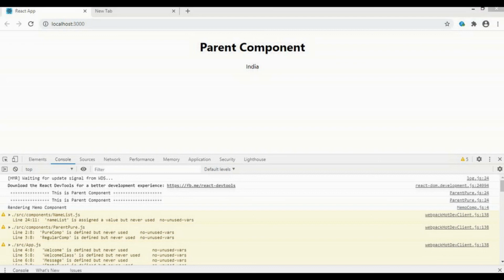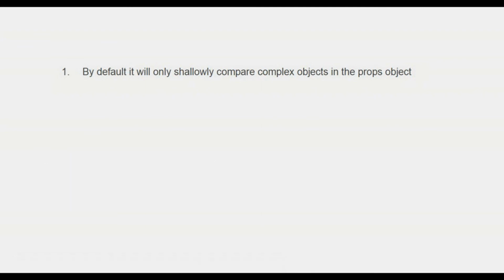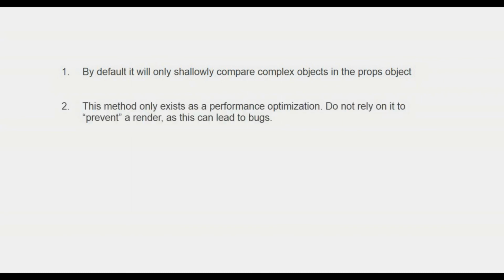So the summarization of this memo component is: by default it will only shallowly compare complex objects in the props object. This method only exists as a performance optimization. Do not rely on it to prevent a render, as this can lead to bugs.